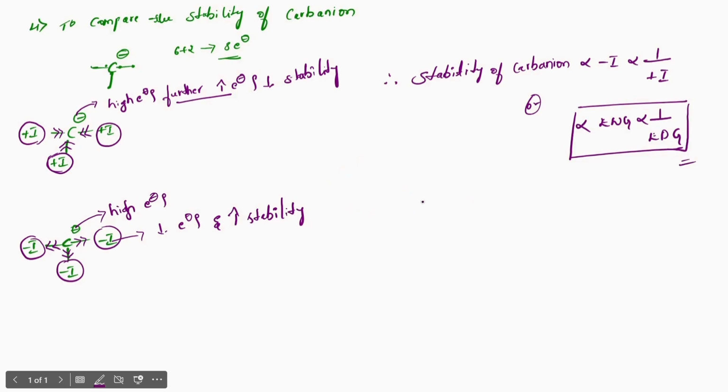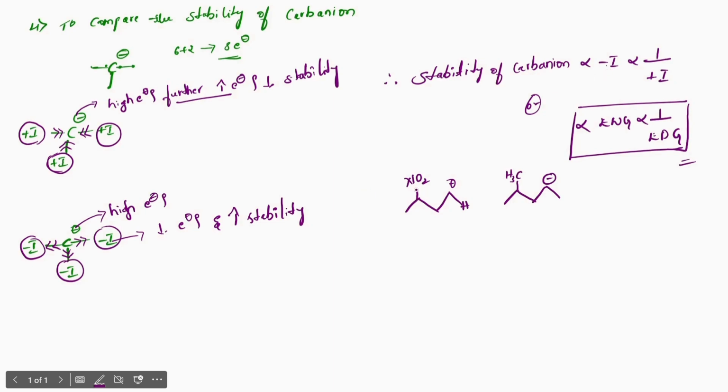Consider the previous example, that is H minus here and NO2 minus CH3. So we know that stability of carbanion is directly proportional to negative inductive group.